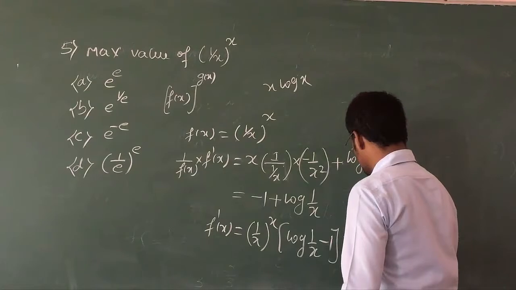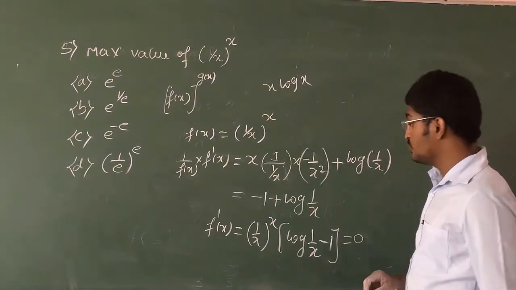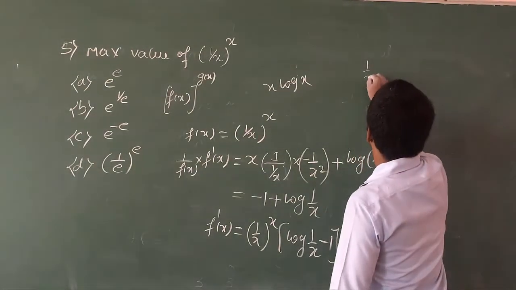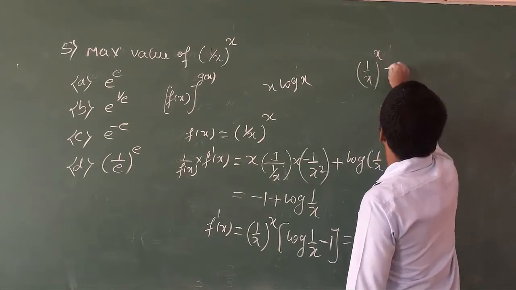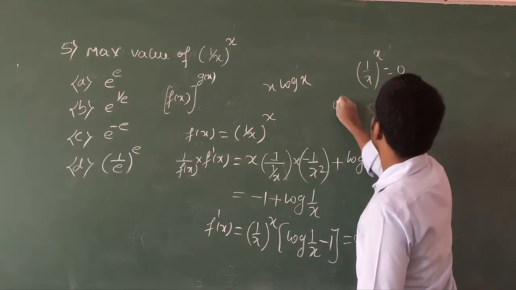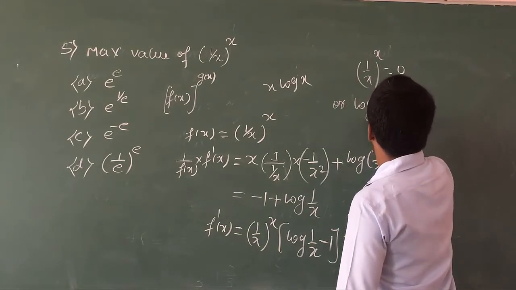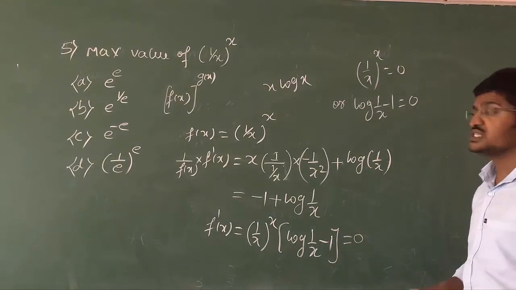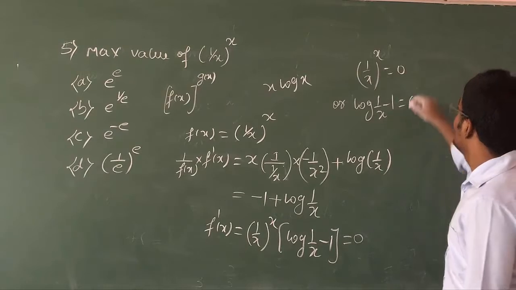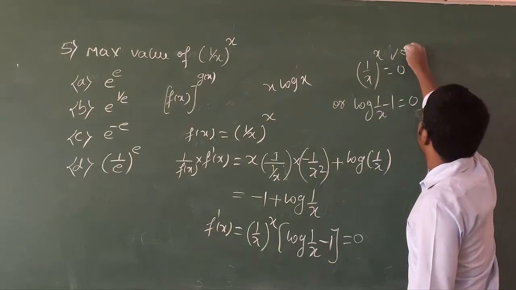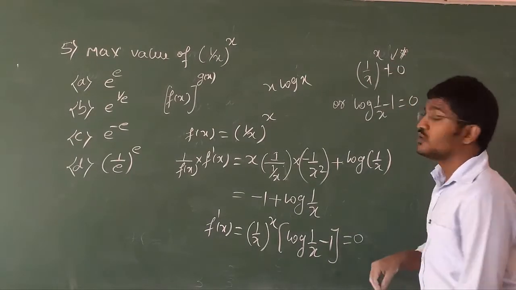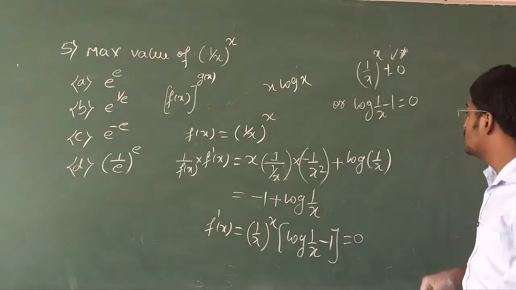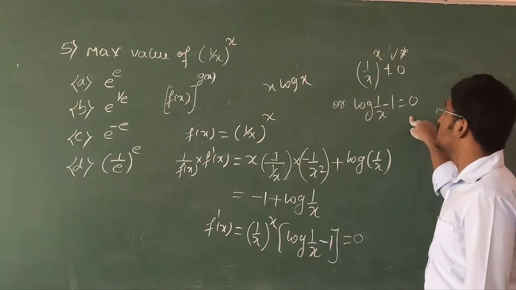So equate this term equal to 0. What you are going to have? 1 by x to the power of x is equal to 0, or log of 1 by x minus 1 is equal to 0. See, this cannot be equal to 0. 1 by x to the power of x cannot be equal to 0.